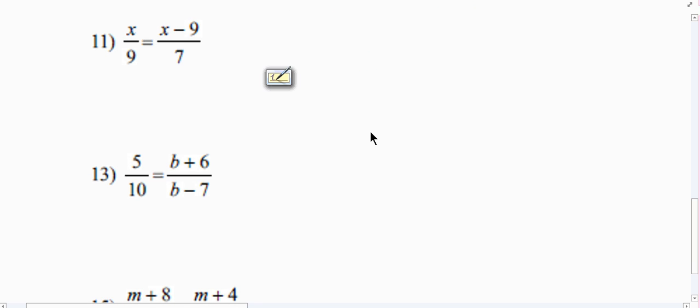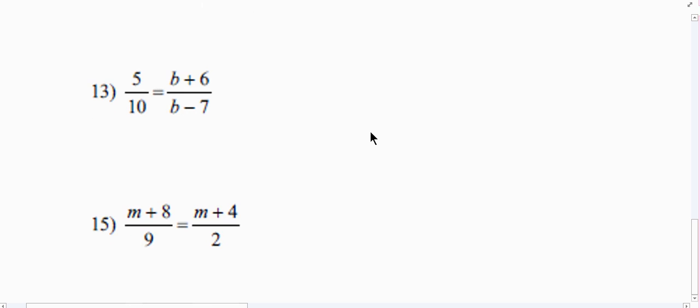Let's move on to number 13. We'll do 13 and 15. Same type of problem, but now the variables are over on one fraction. And you'll notice that they both have either a number added or subtracted to it.